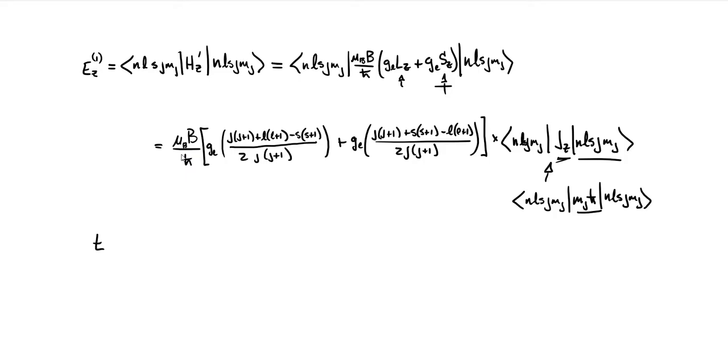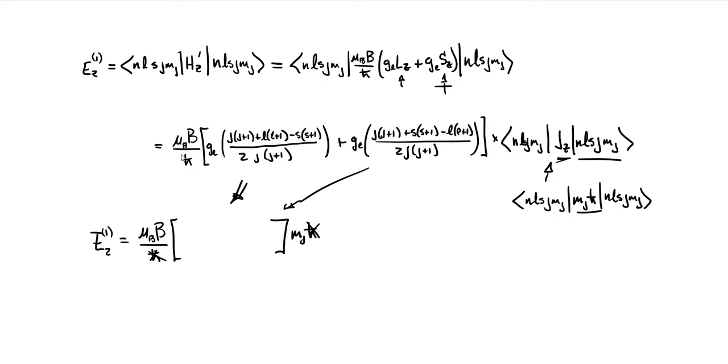So this entire first order energy correction can just be written as mu B B H bar times, I'm not going to rewrite the whole thing, but that bracketed term in there times MJ H bar. The H bars cancel.